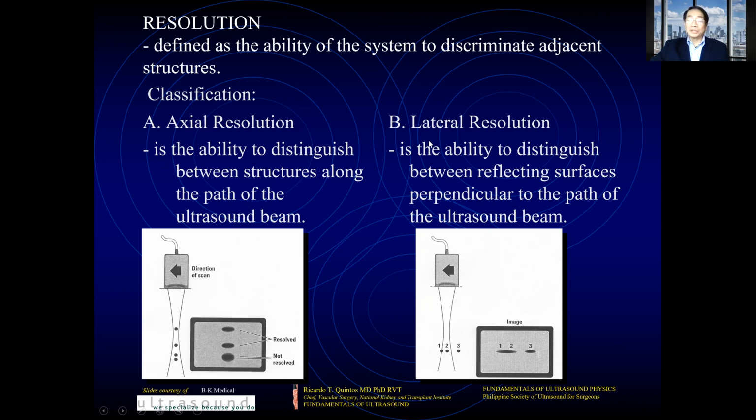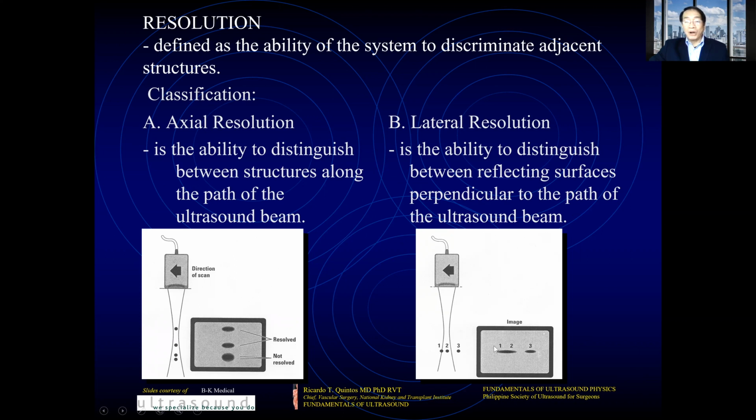The same thing happens with lateral resolution. Lateral resolution is the ability to distinguish between reflecting surfaces perpendicular to the path of the ultrasound beam. So in this example here, you have 3 points, and because it is in the far zone, the resolution is so poor that point 1 and point 2 are not completely resolved, and they can be seen only as one structure.